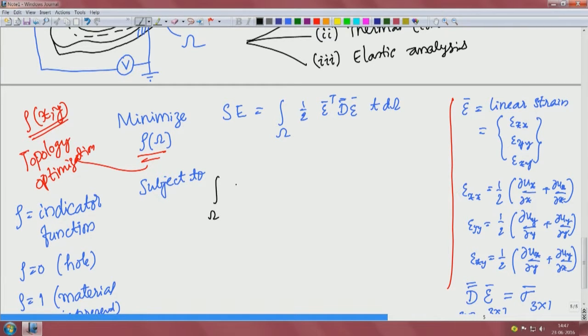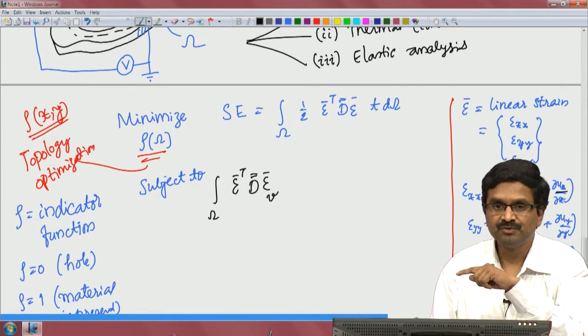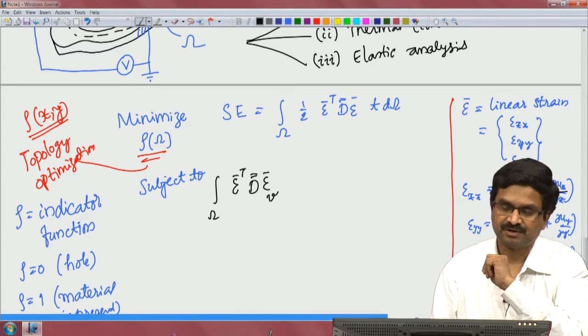That is, I would write this as epsilon transpose D epsilon v to indicate that it is a weak form, meaning that instead of ux and uy here, I would take vx and vy, where v is the variation of u, or a weak variable corresponding to u.